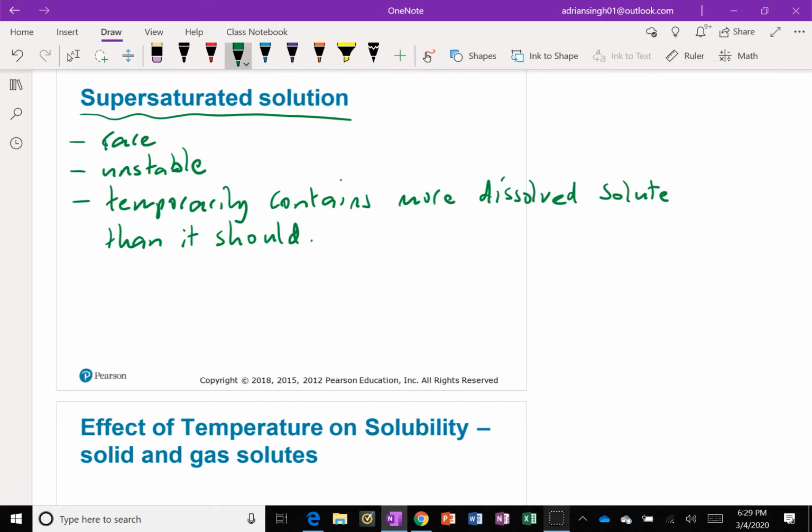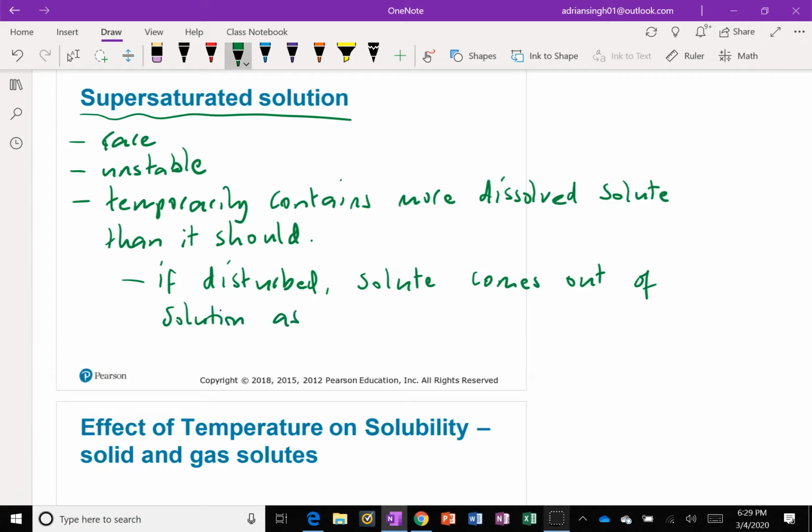So it's rare, it's unstable, and for a short period of time it's going to contain more dissolved solute than it should. Okay, and if disturbed, the solute comes out of the solution as a solid, right?